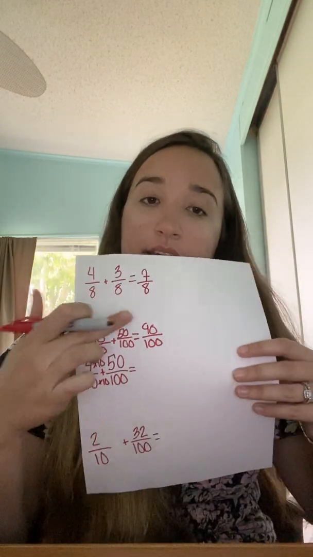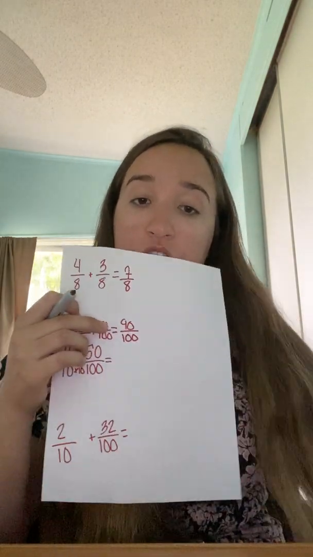That's right, it's 90. Perfect. And then what are we going to do with our denominators? That's right, we're just going to keep the denominators and move it over, so it'll be 100. So our final answer is 90 over 100. Okay? So that's perfect. And now we're going to move on to our next one.